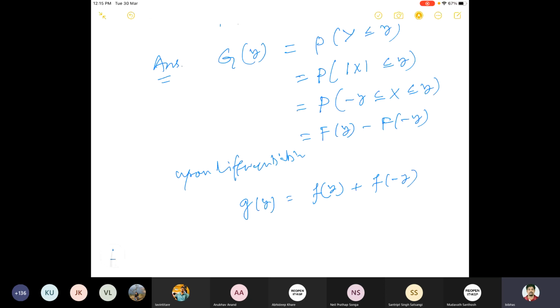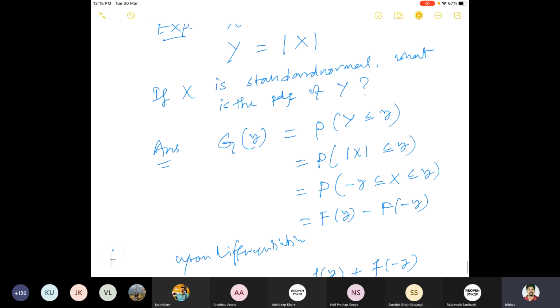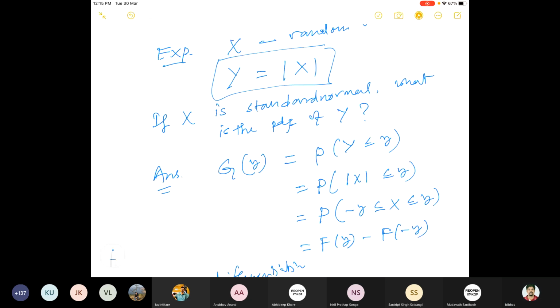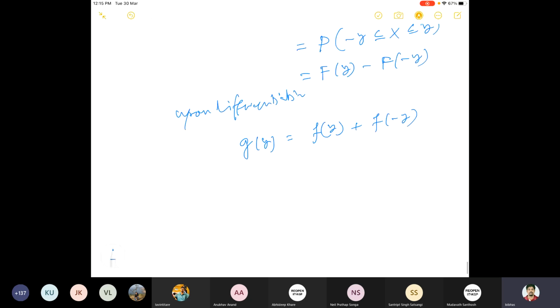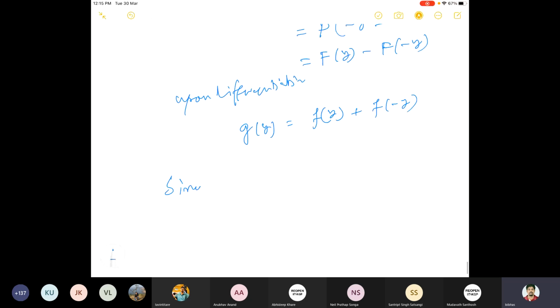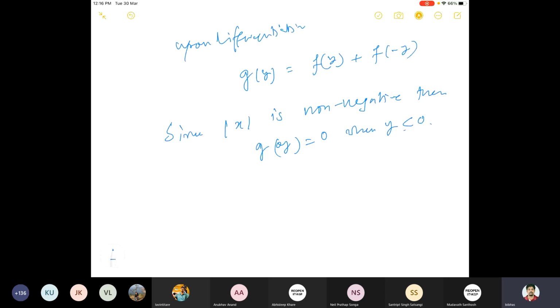Now see, what happens here is this value y is always positive. So whatever be the value of x, small y is always positive, since mod X is non-negative. Then we can say that g(y) is equal to 0 when y is less than or equal to 0.